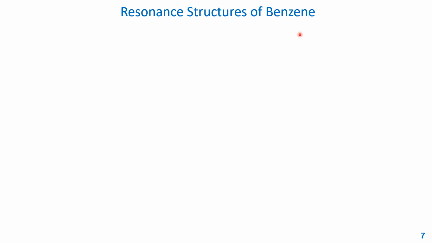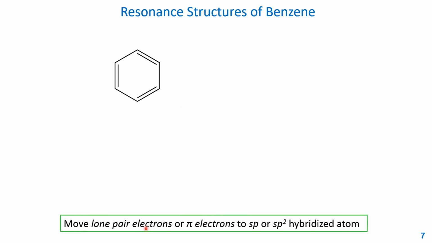Let's talk about benzene. Benzene is a very famous aromatic compound. It's very stable. This is the benzene structure. Okay, six carbons. It's a ring structure with three double bonds here. And if you draw the resonance, follow the same rule. We can move the pi electrons. The pi electrons can push to here, at the same time push this pi electron to here, and at the same time push the pi electron here. So you can draw the other resonance.